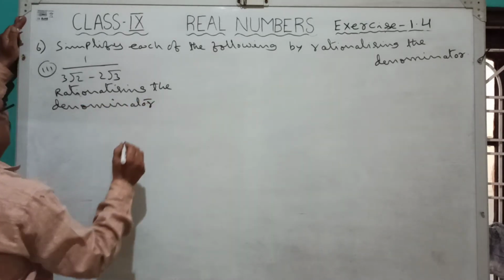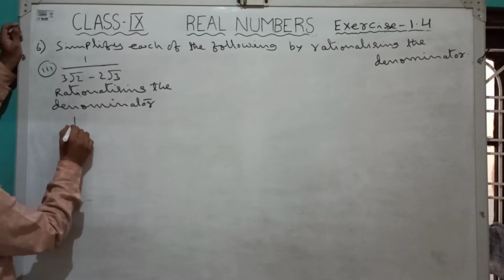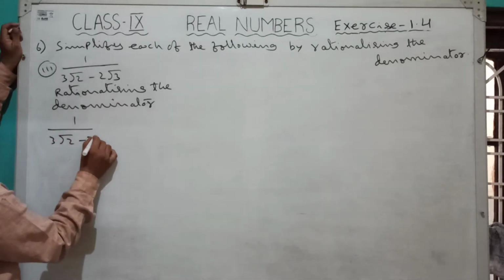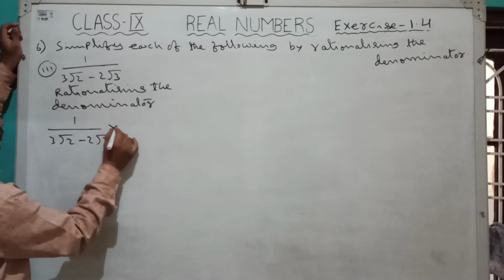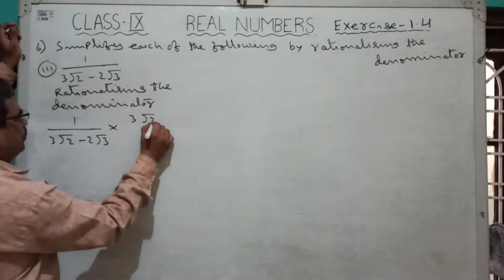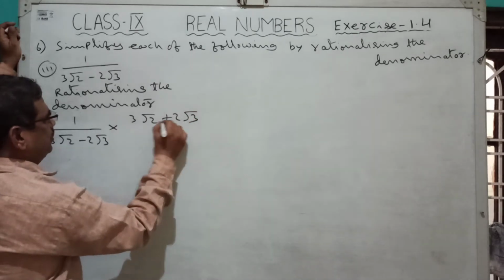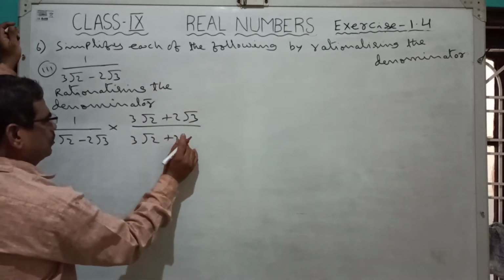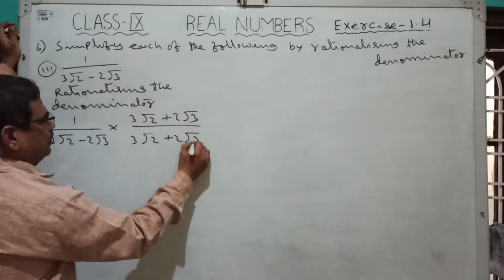Rationalizing the denominator. So 1 by 3 root 2 minus 2 root 3, into 3 root 2 plus 2 root 3 divided by 3 root 2 plus 2 root 3.